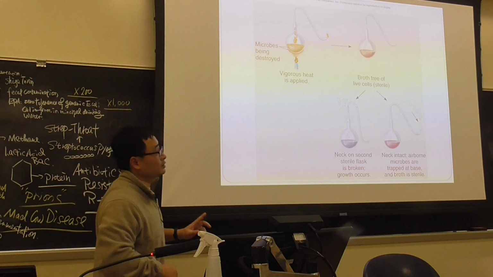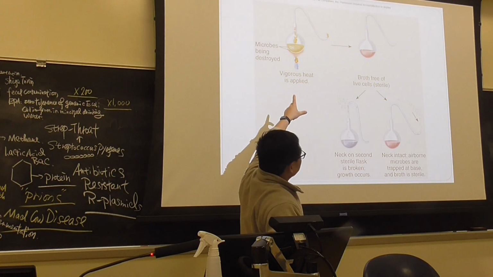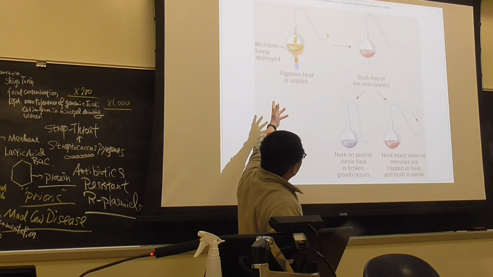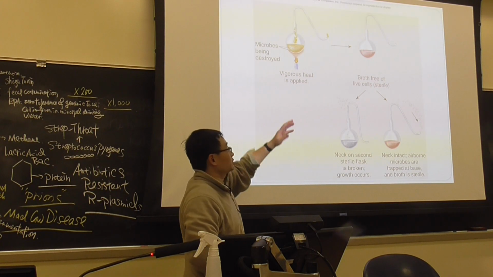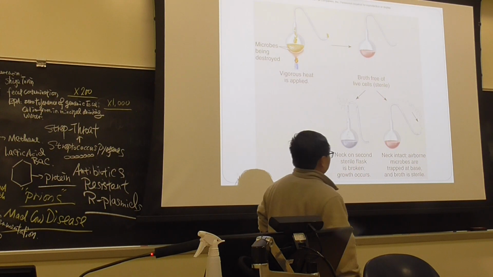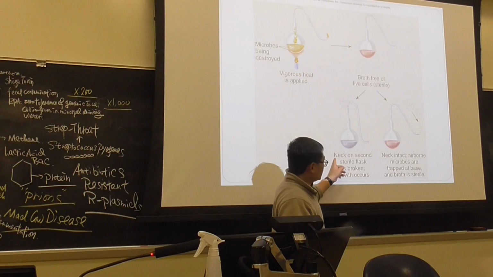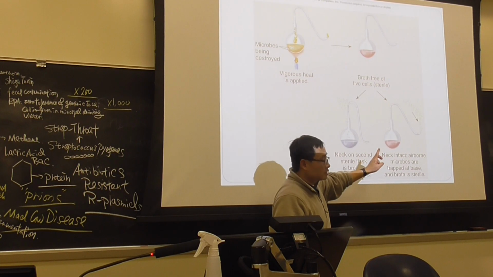So you can see right here, it's clear. Okay, I have a container, let's say, a flask. Okay, I boil it. There's no bacteria there. Then I cut it. When you cut it, two different results come out.